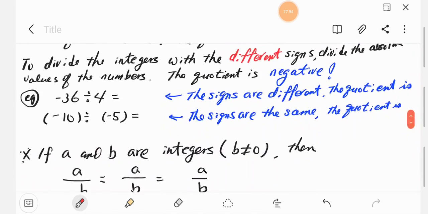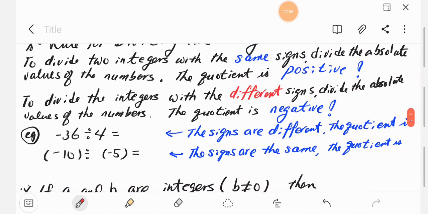So, okay, negative 36 divided by 4. Negative 36 is a negative number, 4 is a positive number. So these two numbers have different signs, so the quotient is negative. 36 divided by 4 is 9, so the result is negative 9. Okay, the next example, negative 10 divided by negative 5.